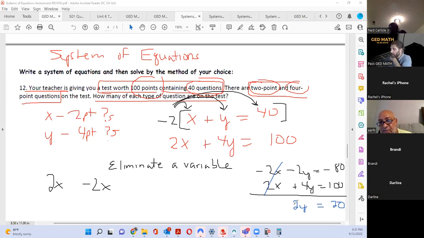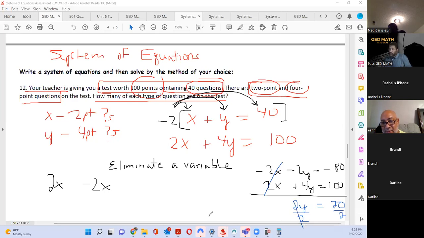In order to get Y by itself, what do I need to do? Listen, I don't need you rushing in. In order to get the Y by itself, what do I need to do? Divide by 2. Divide both sides by 2.